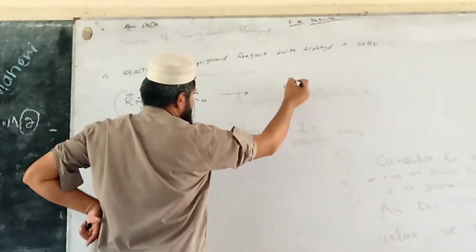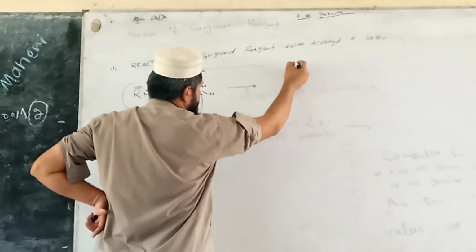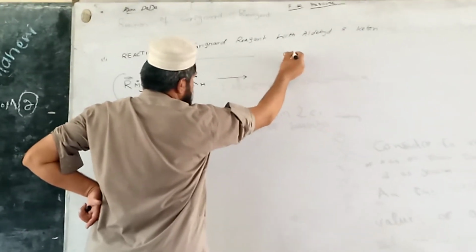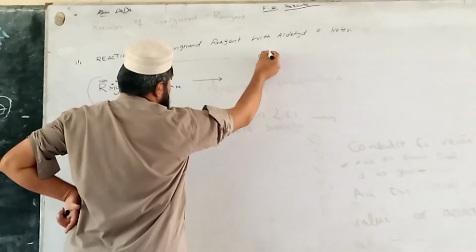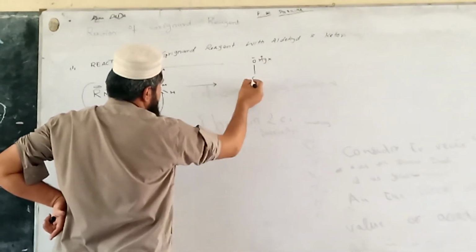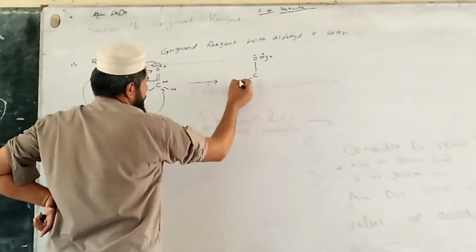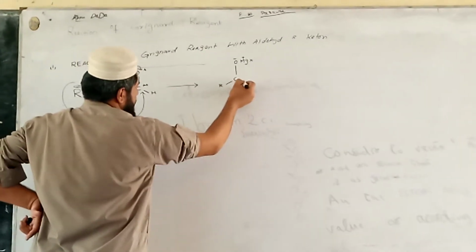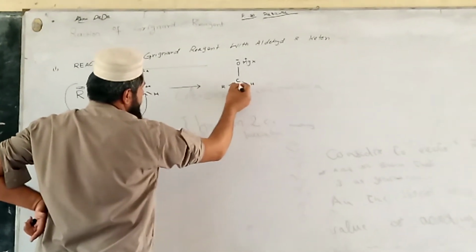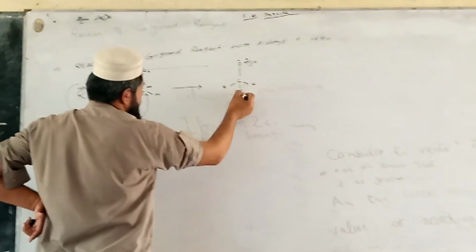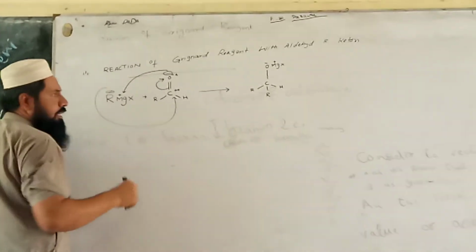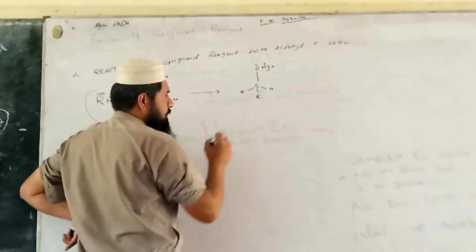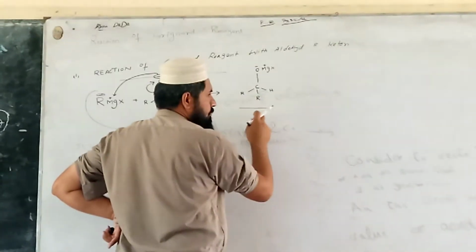This is the carbon, this is the oxygen, linked with the magnesium halide, this is positive, this is negative, this R, this is the particular H, and this is that R which has come from the Grignard reagent. This is an intermediate compound.